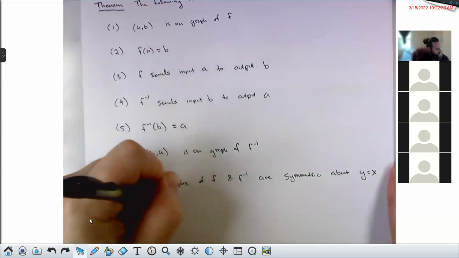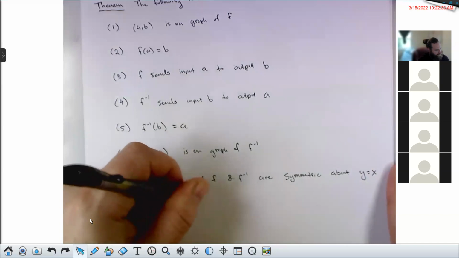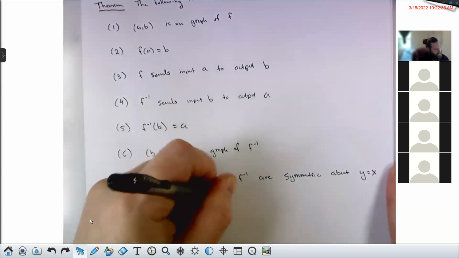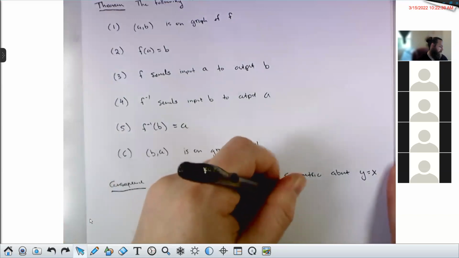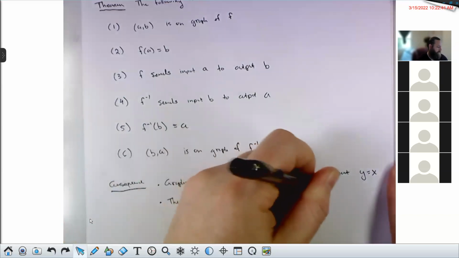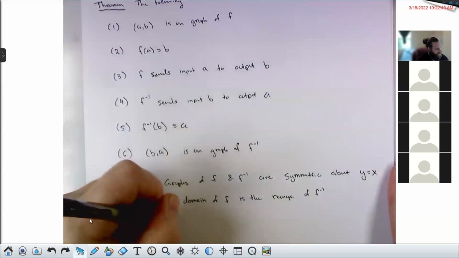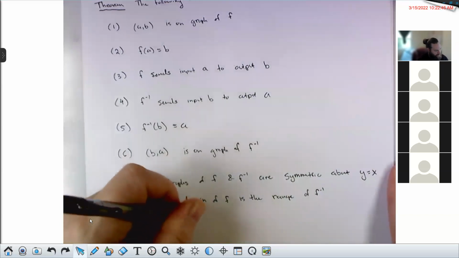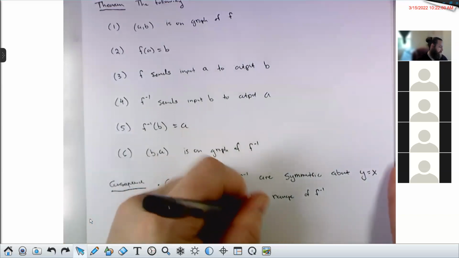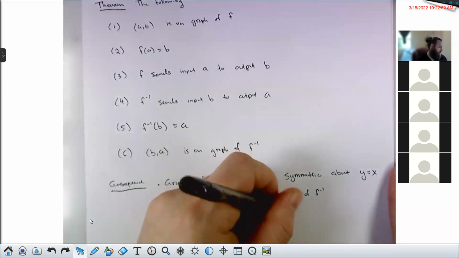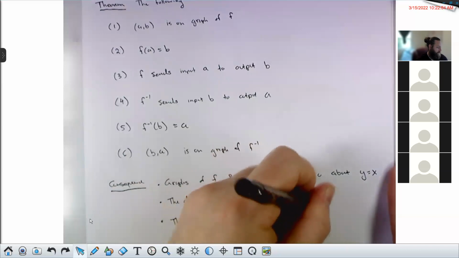Another, the domain of f is the range of f inverse, and the range of f is the domain of f inverse.